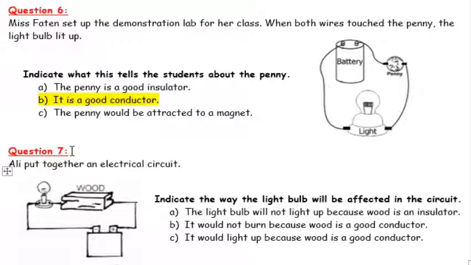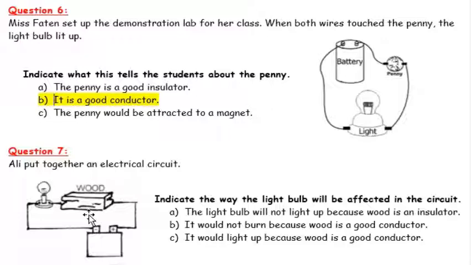Question number 7. Ali put together an electrical circuit. As you can see, in Ali's circuit we have a battery, a light bulb, a piece of wood, and all of these elements are connected to each other by wires. So, what's the way the light bulb will be affected in the circuit? Will the light bulb light up because wood is an insulator?